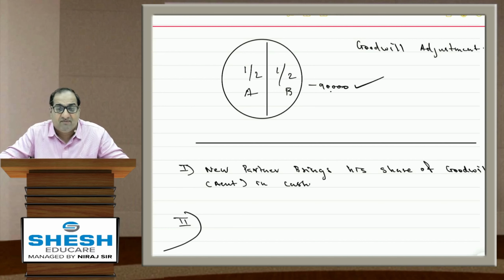Because I need to convince A and B and C to come out of this crisis or situation. So what I tell A and B and C, look here. If C does not bring his share of goodwill amount in cash, you take the credit of 90,000 today among you A and B in old ratio on the date of admission.